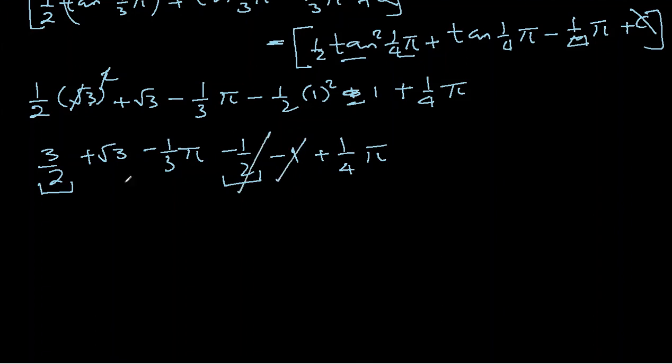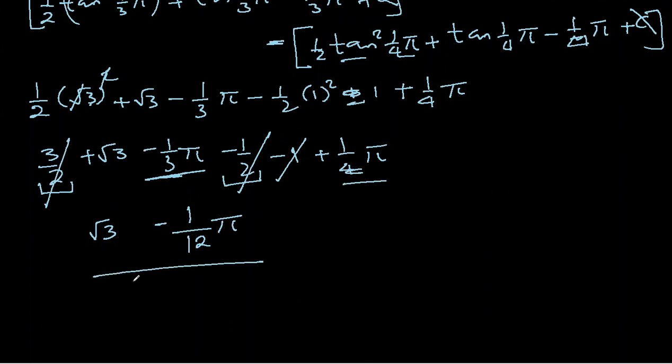So that means these 3 cancel out. What are we left with? Square root 3 here. And the LCM will be 12. And 4 minus 1 will be minus 1 over 12 pi. 1 over 3 pi minus 1 over 3 pi plus 1 over 4 pi is minus 1 over 12 pi. This is the final answer.